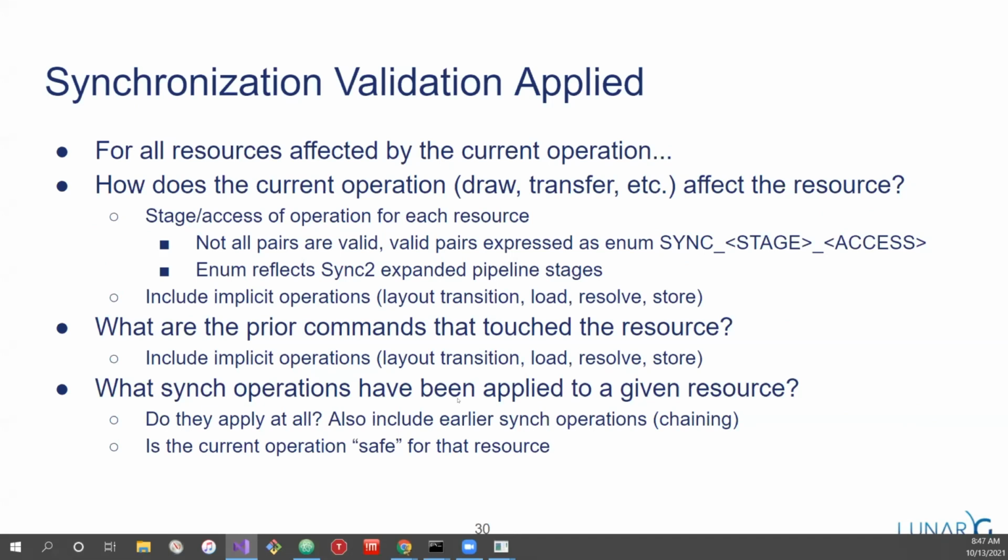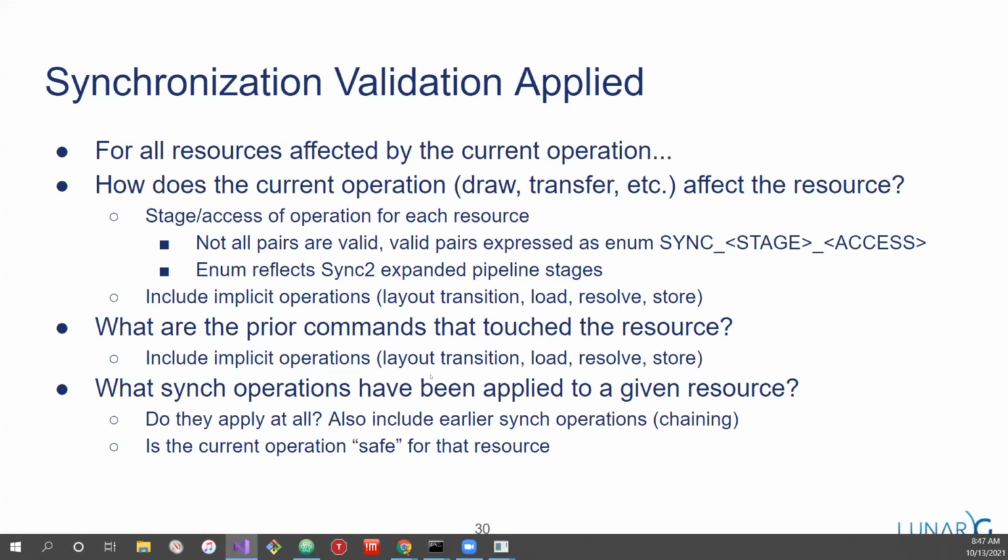So how does synchronization validation get applied? We look at all resources touched. We're looking again at ranges of memory, either within a buffer that's been written to or read from, or from an image sub-resource, or even a range of pixels for an attachment. For each of the resources affected, we do the following thing. We say, what does the current operation do?